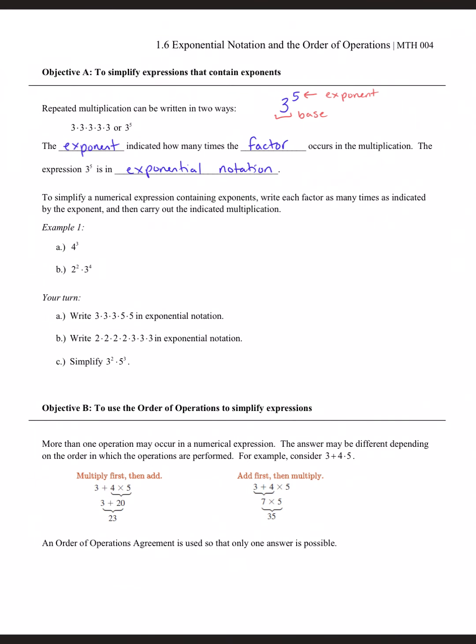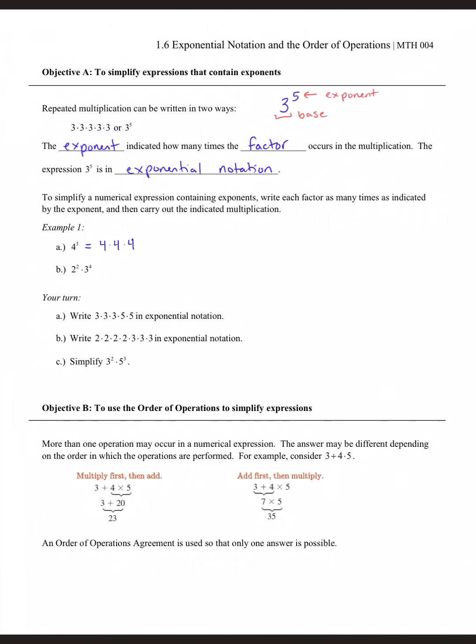To simplify a numerical expression containing exponents, we write each factor as many times as indicated by the exponent, and then carry out the multiplication. So for the first one here, we have 4 to the 3rd power. So we can rewrite this as 4 times 4 times 4. Now when we do this multiplication, you can do this a couple different ways.